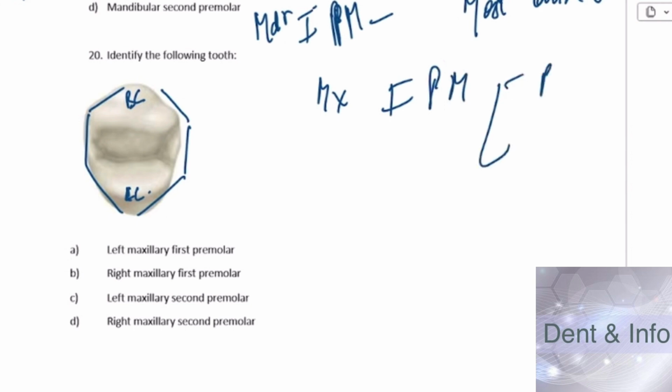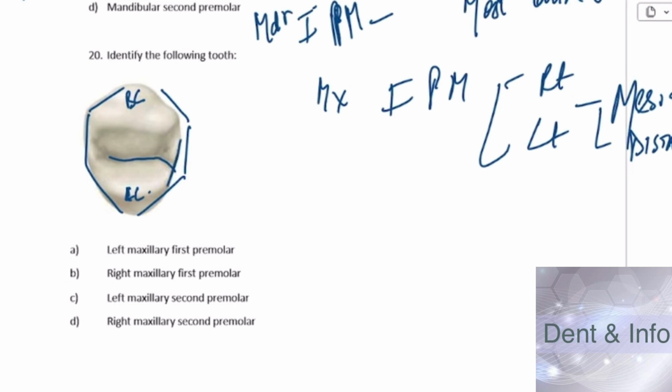Now, how to identify right side or left side? Always try to look at the features that help in differentiating which side is mesial and which side is distal. Here, if we trace, this is the central groove, and there is a groove traversing this marginal ridge.